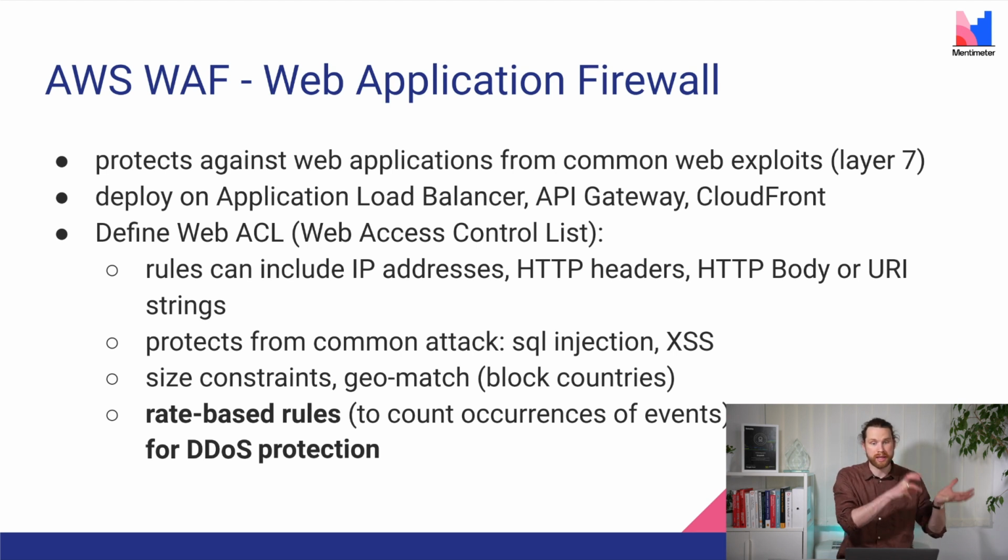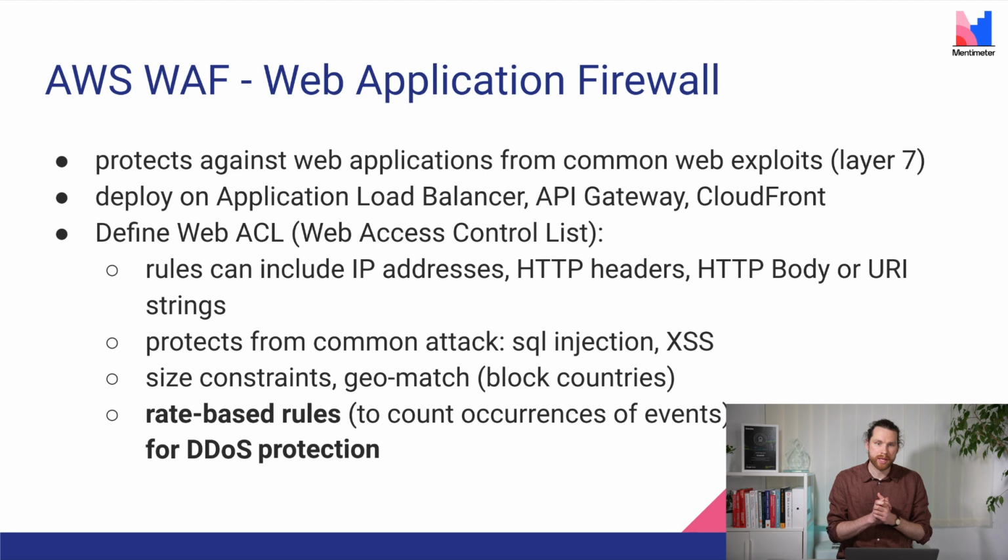You can attach these web application firewalls in front of your application layer network entry points like Application Load Balancer, API Gateway, CloudFront, and, as Andrea will explain, Verified Access.